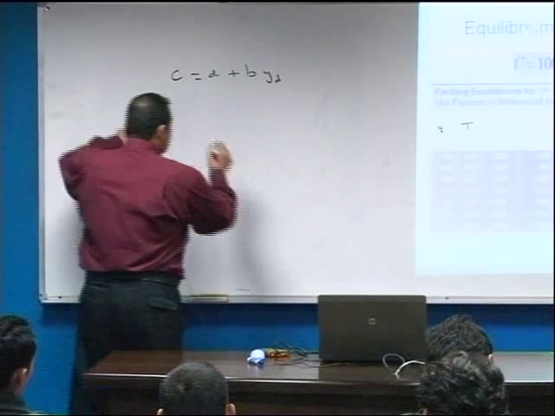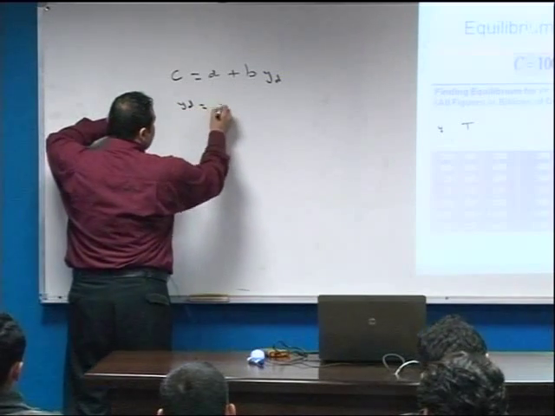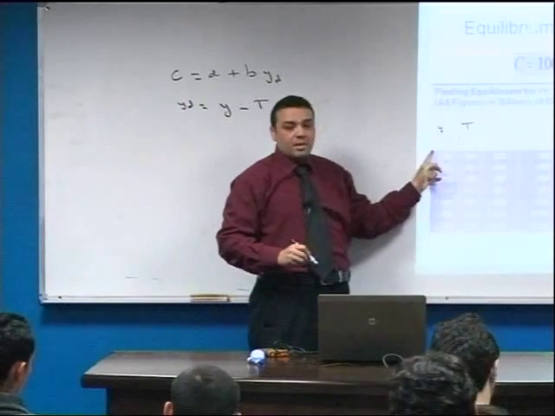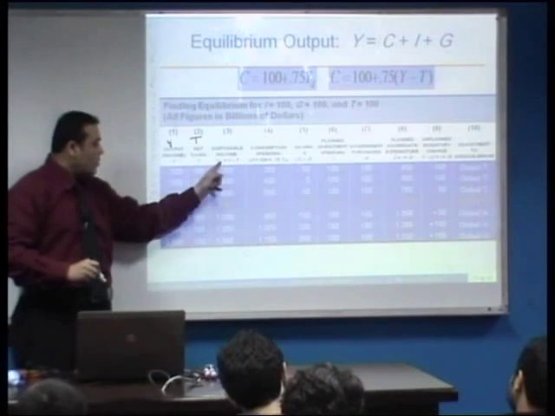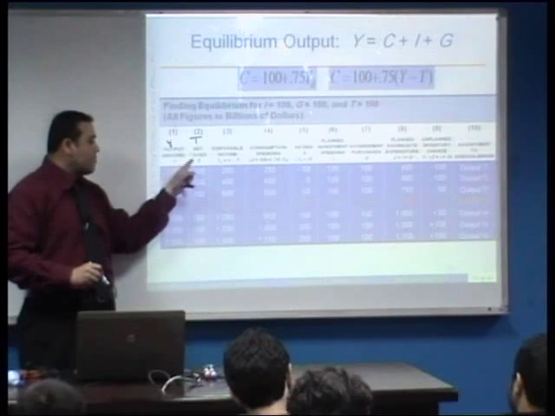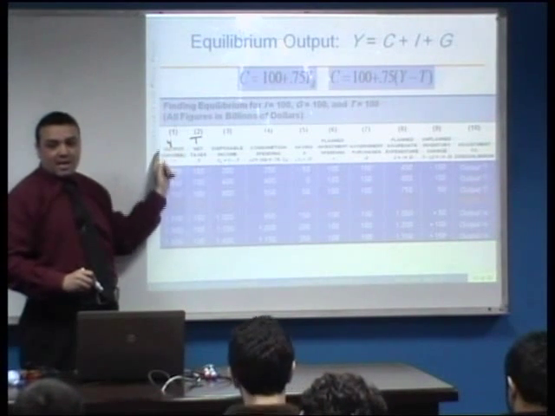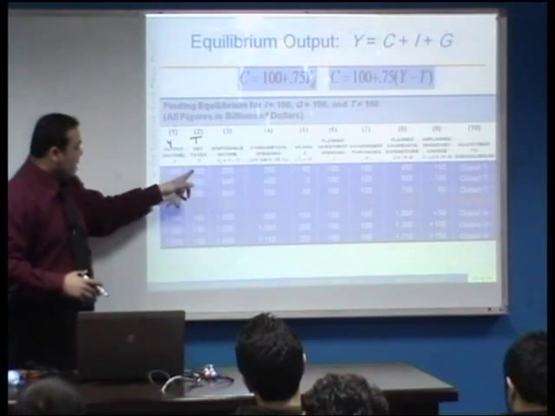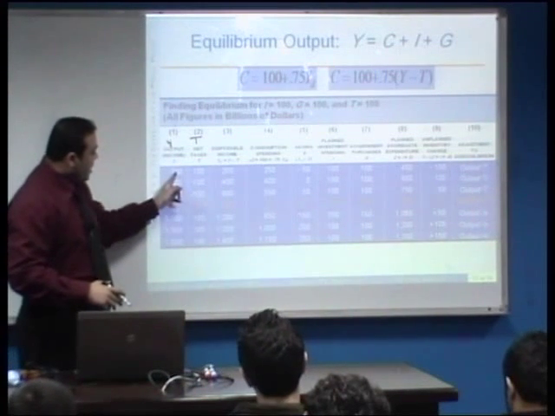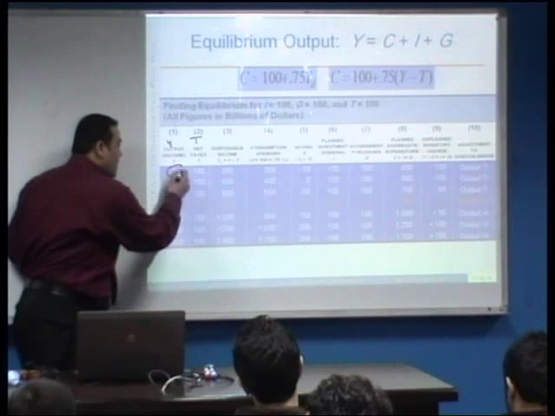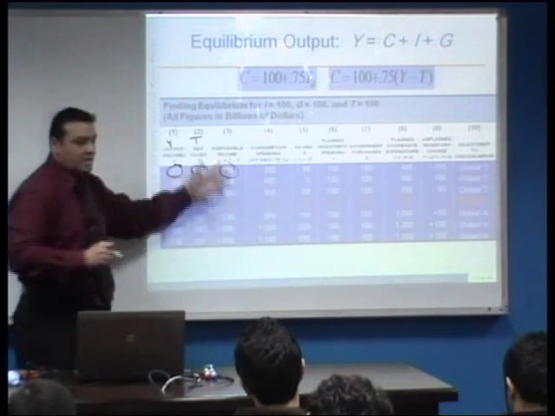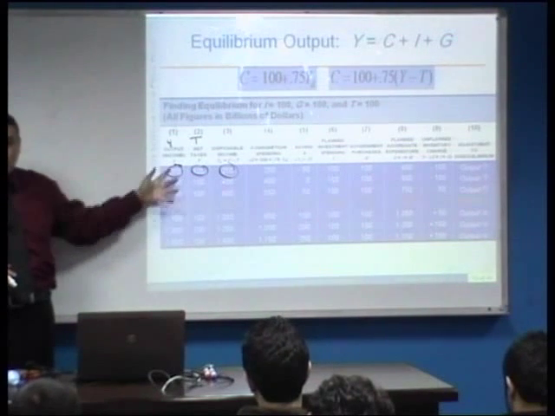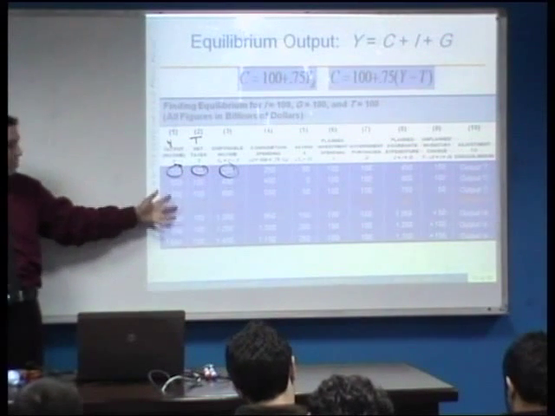YD equals Y minus T, the aggregate income minus the net taxes paid. So 300 minus 100 equals 200. This is the YD, and we have to do the same for all points.